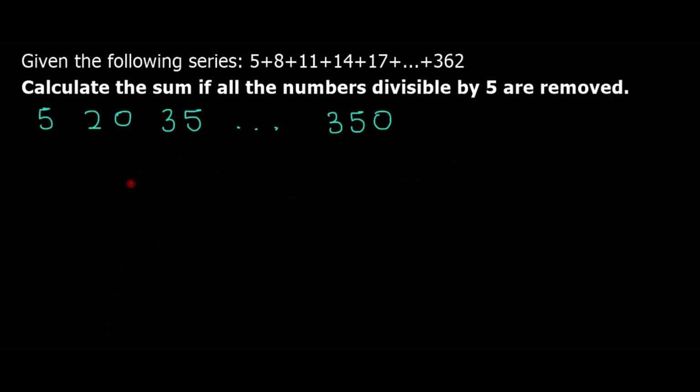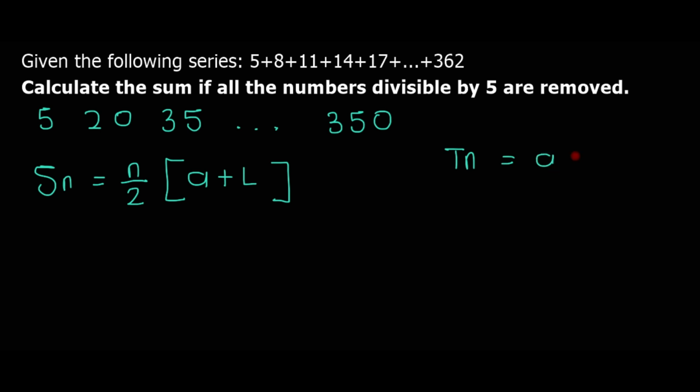You can notice that this is also arithmetic because we have a common difference of 15. So we are going to say Sn is equal to n over 2 times a plus l. But we still don't know the number of terms, so we can do the same. We can say Tn is equal to a plus n minus 1 times d.